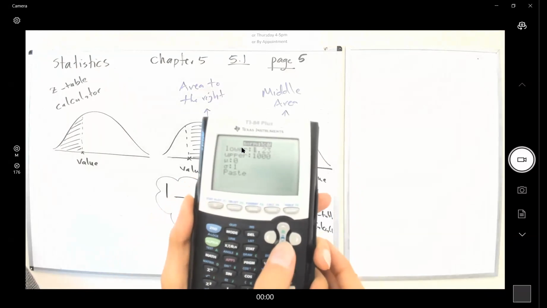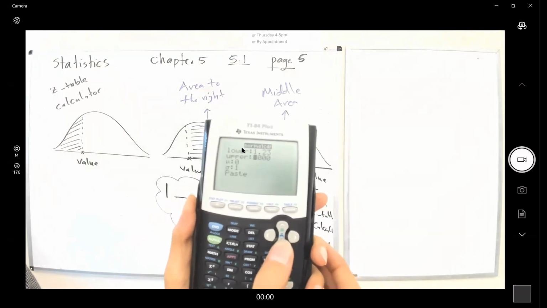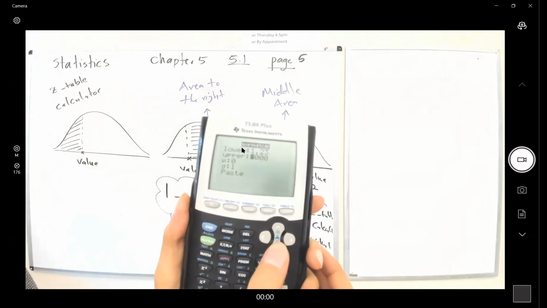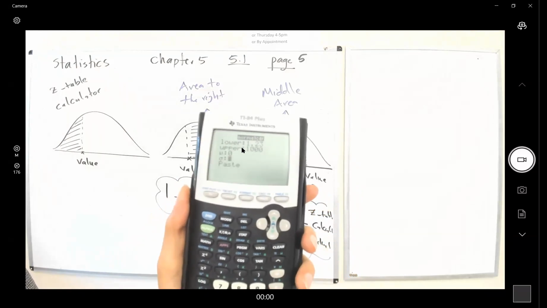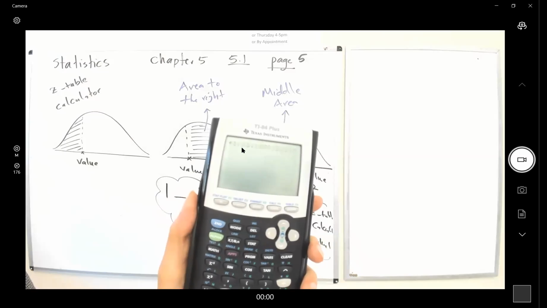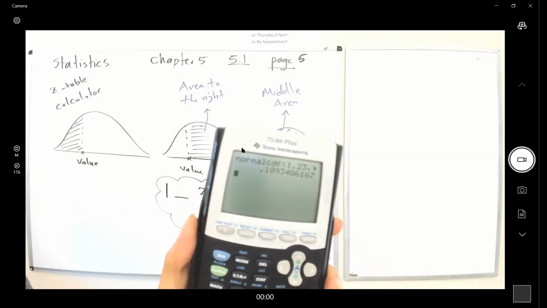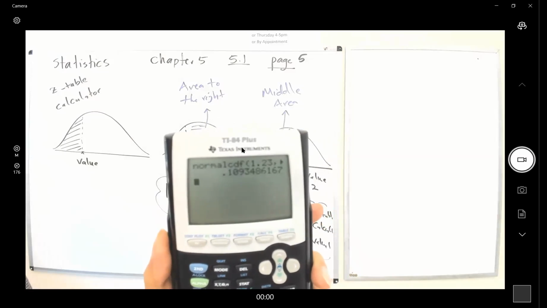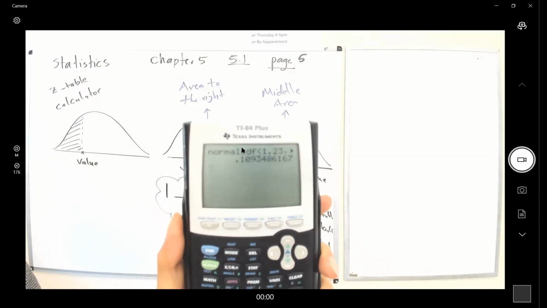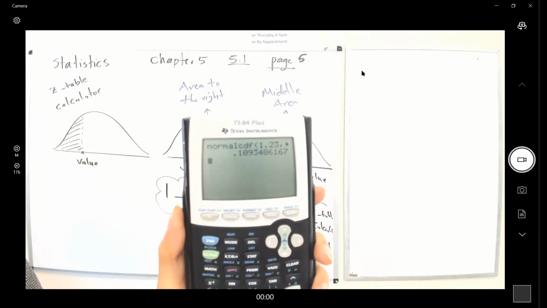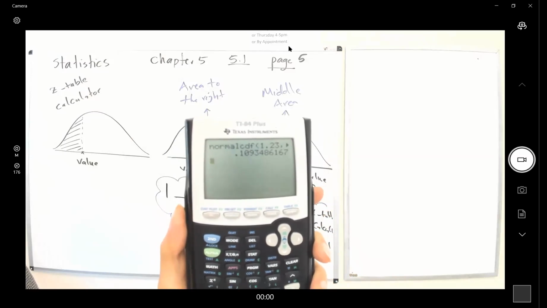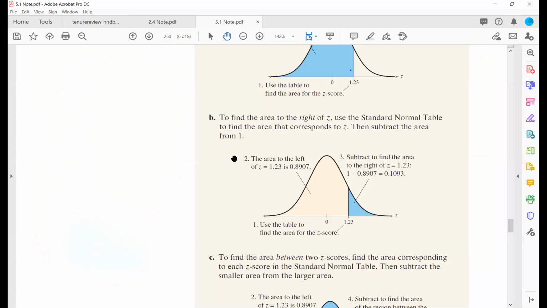And your upper limit, you can just set it as 1,000. 10,000, 1,000 is enough. Enter, enter, enter. So you get almost 11%.